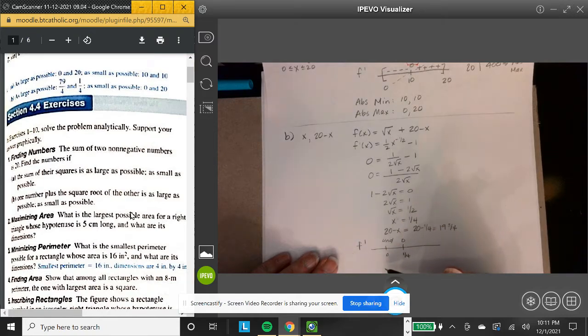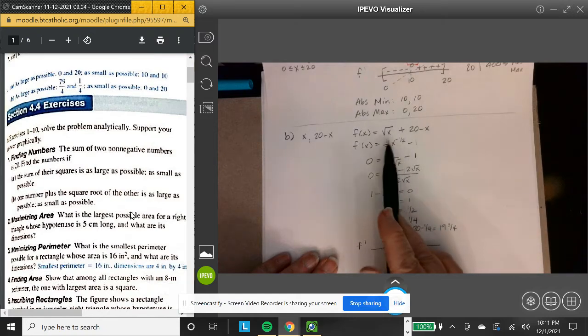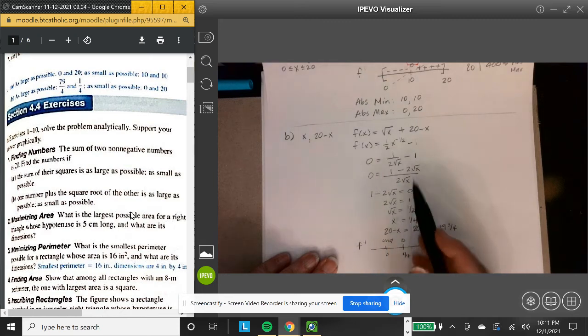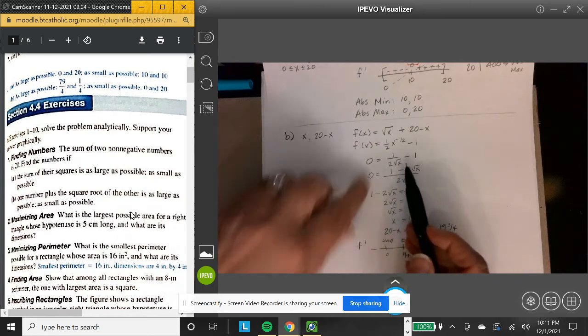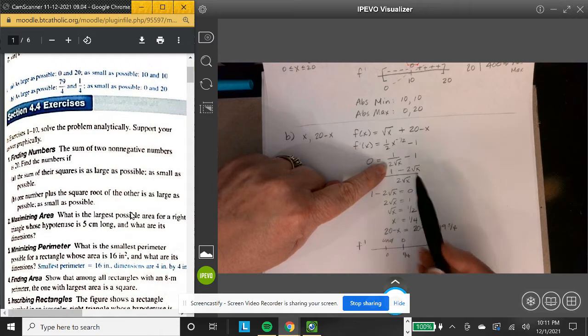My domain is going to be from 0 to infinity, right? Because obviously I can't take the square root of negative numbers. So I'm going to superimpose the numerator here. When I do that, 1 minus 2 root x, or let's just plot a point, shall we? What happens when I plug it in, we can plug it in this unsimplified version.